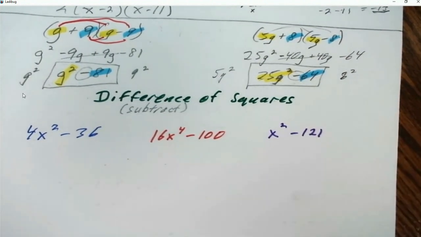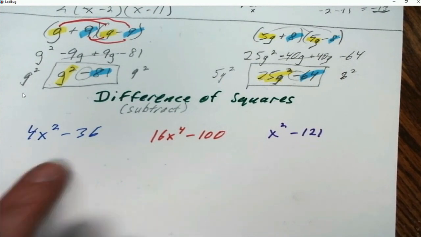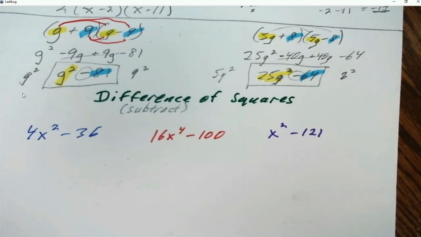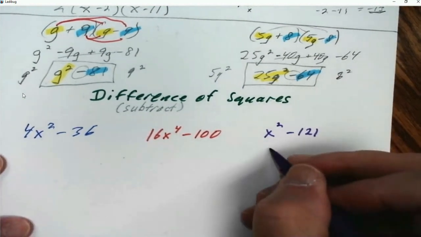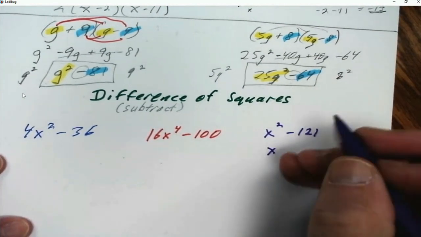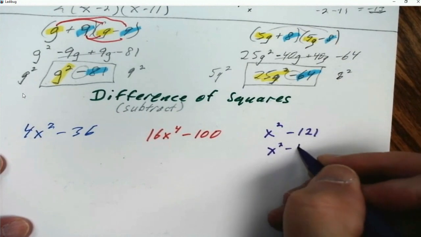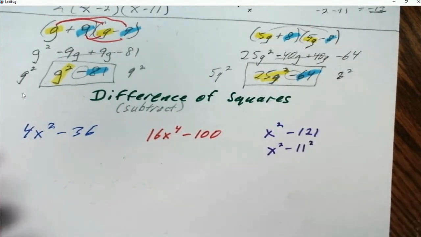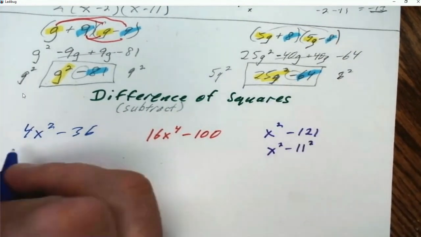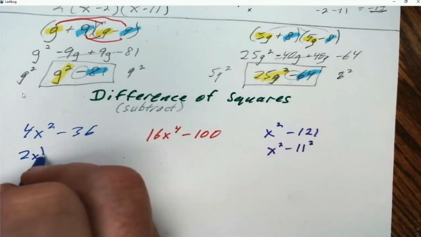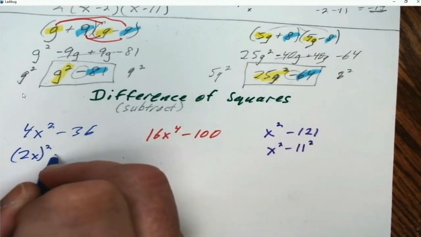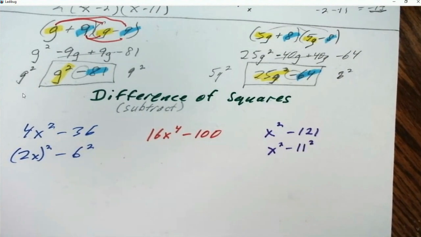I just wrote 3 problems down. Can you tell me the 2 factors? Let me give you a hint. These are all squares. Would it be easier if I wrote it like this? x squared minus 11 squared. 2x squared minus 6 squared.